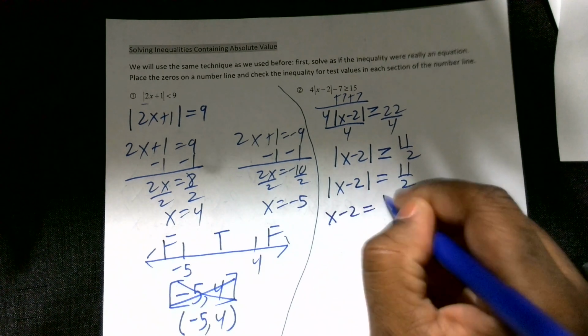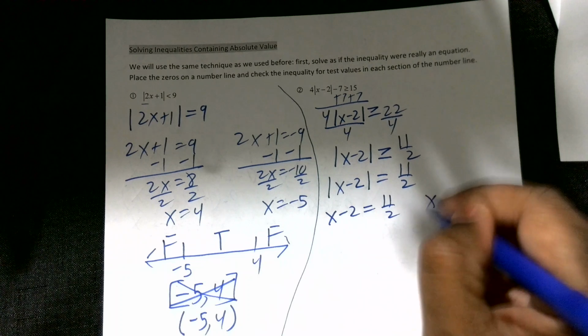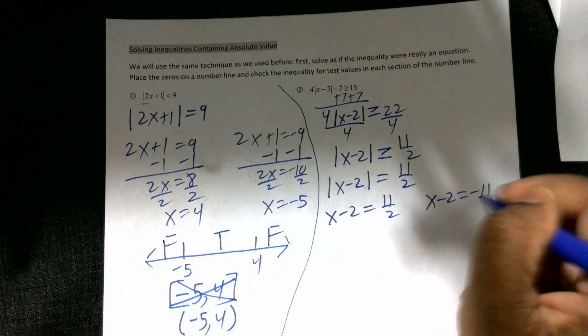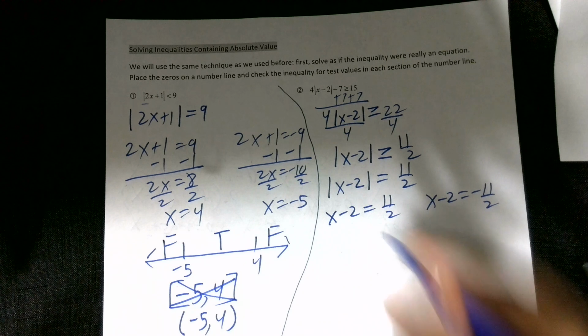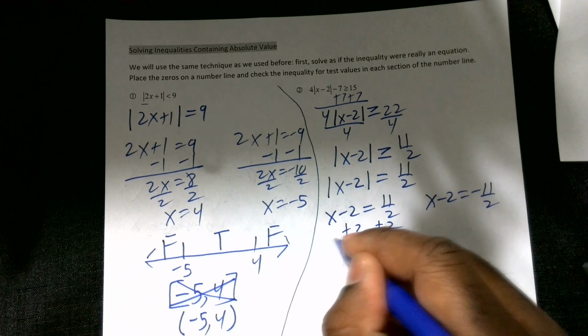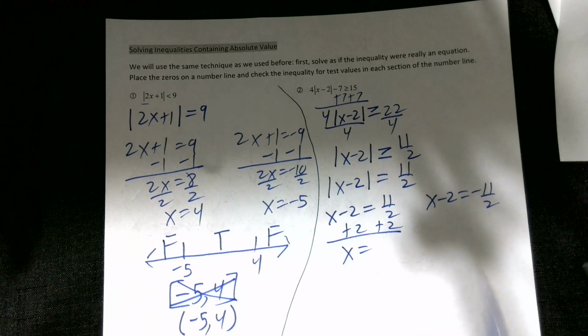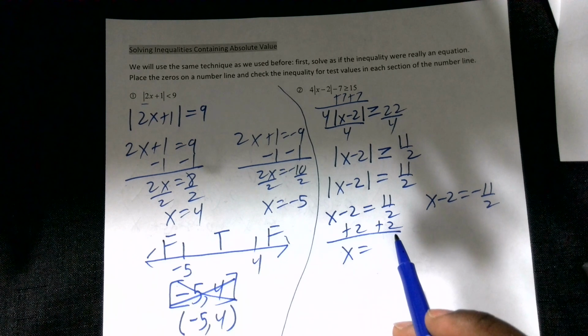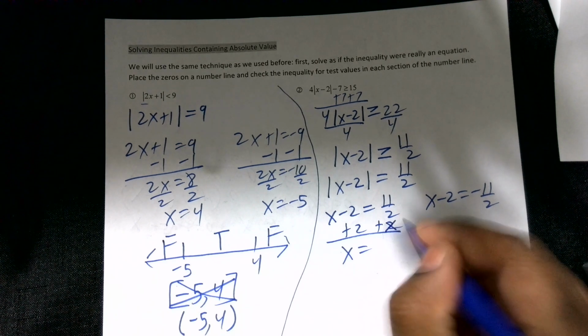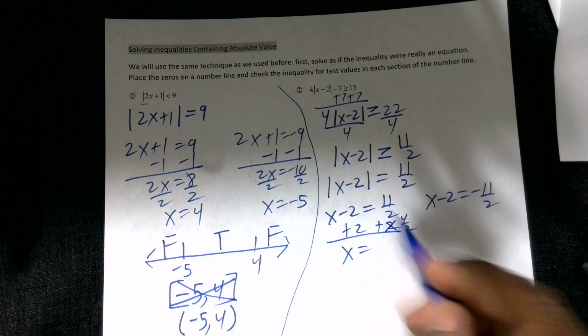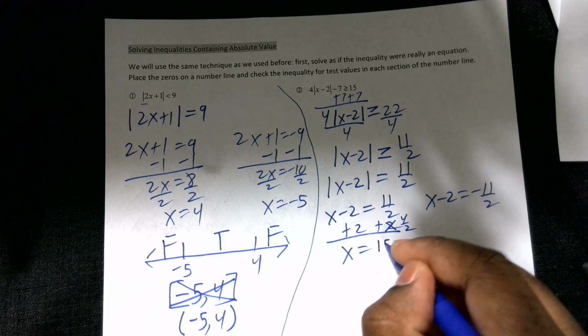So we have x minus 2 is equal to 11 over 2, and x minus 2 is equal to negative 11 over 2. So we would add 2 to both sides, and x will equal, now this 2 can be rewritten as 4 over 2. 11 over 2 and 4 over 2 is 15 over 2.